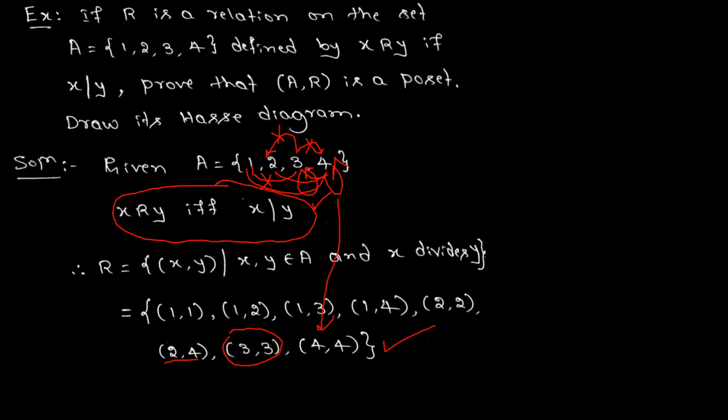Now we need to prove this relation is a poset. It is clearly seen that it is reflexive because loops are there for all the elements, and it is antisymmetric because if 1 comma 2 is there, 2 comma 1 is not there, and 1 comma 3 is there but 3 comma 1 is not there. 1 comma 4 is there, 4 comma 1 is not there, and 2 comma 4 is there but 4 comma 2 is not there, except the self loops.